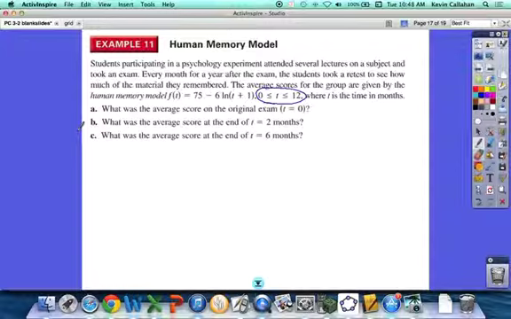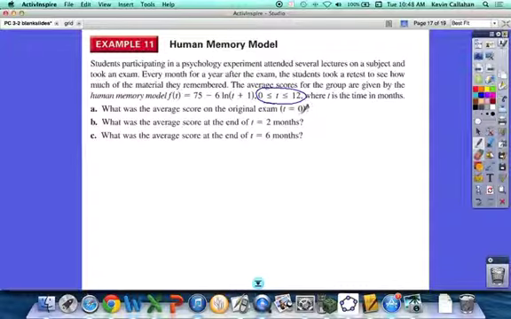So what is this telling us now? It's the domain. Remember, whenever you get the function and then it says comma and it gives you some values, like with the piecewise functions, that's telling you the domain. It said only plug in months from 0 to 12, and then this thing will work. So what was the average score on the original exam?